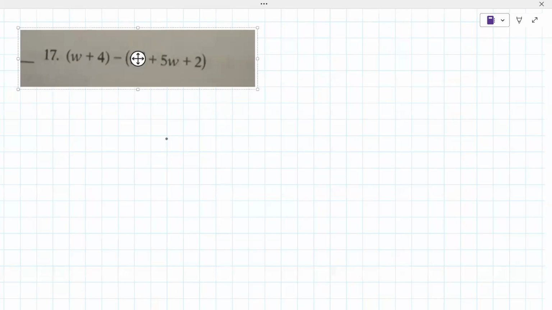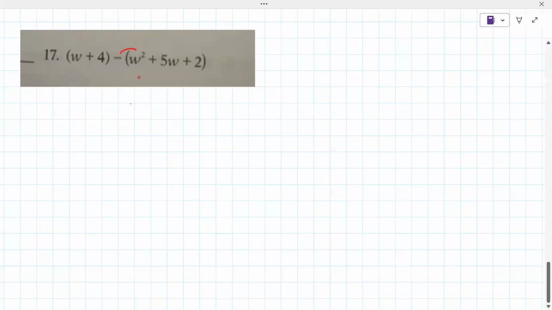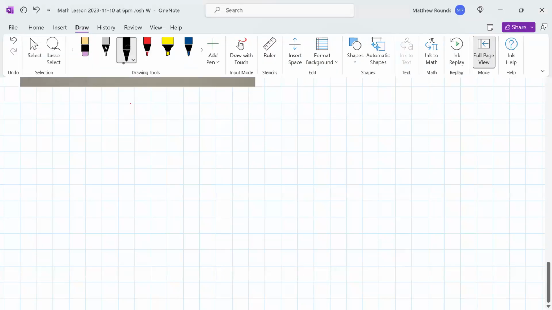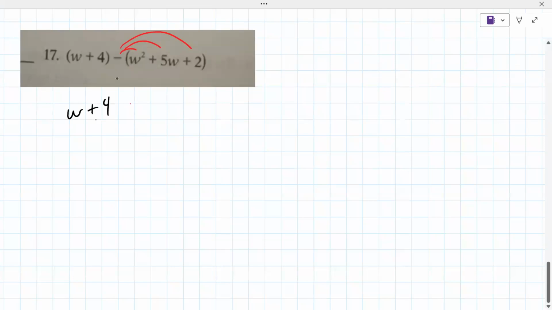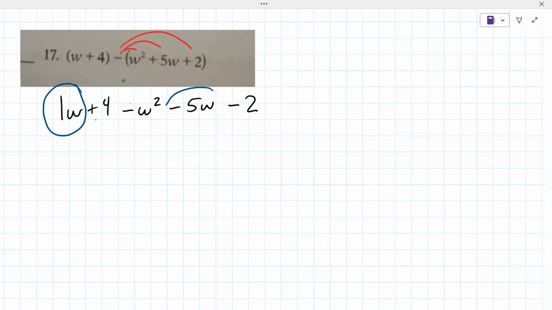So you're going to distribute this negative to everything. So minus W squared minus 5W minus 2. And then there's really a 1 in front of the W there. Then you combine like terms here, 1W minus 5W.